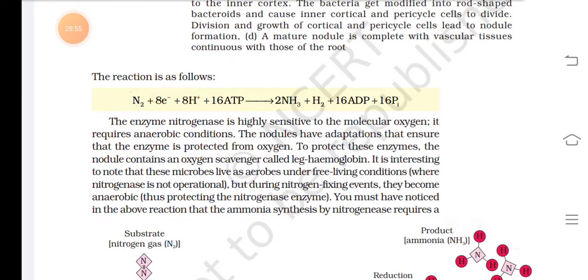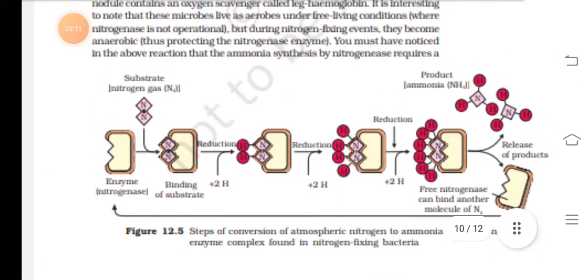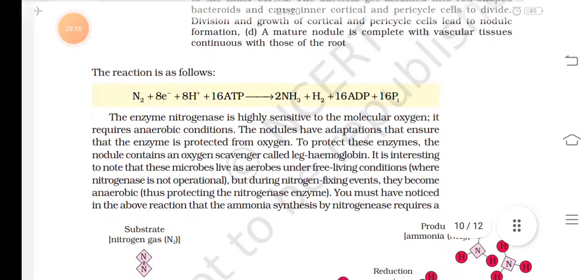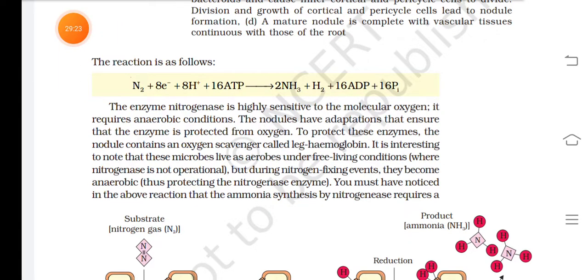The enzyme nitrogenase is highly sensitive to molecular oxygen. It requires anaerobic condition. The nodules have adaptations that ensure that the enzyme is protected from oxygen. To protect these enzymes, the nodule contains an oxygen scavenger called leghemoglobin.